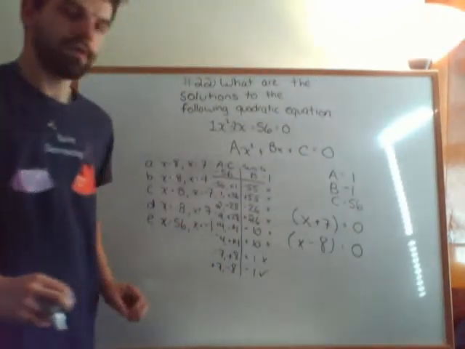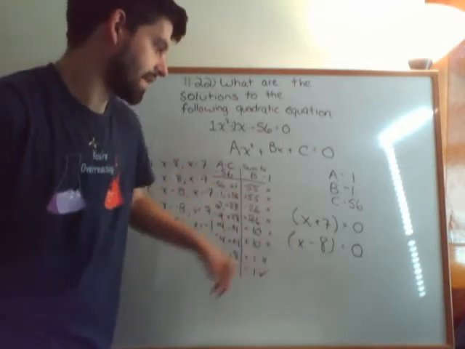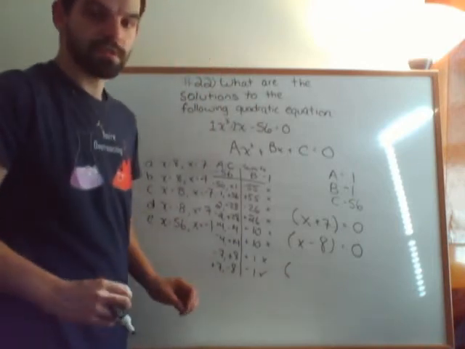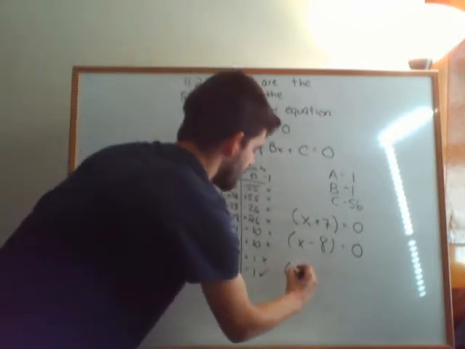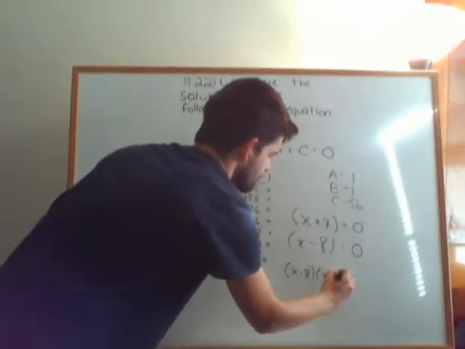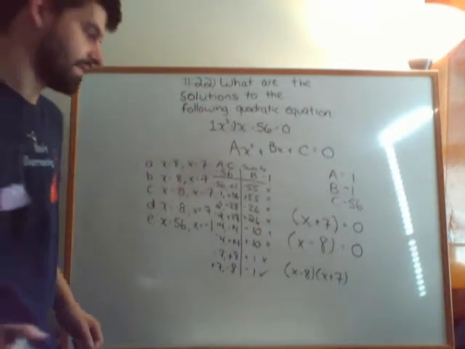We're going to set these both equal to 0. Now, before I do that, what I want you to see is that if you were to take x minus 8 and x plus 7, we know that this group of factors works because if we FOILed out x minus 8, x plus 7, we would get our original quadratic by using the FOIL method.